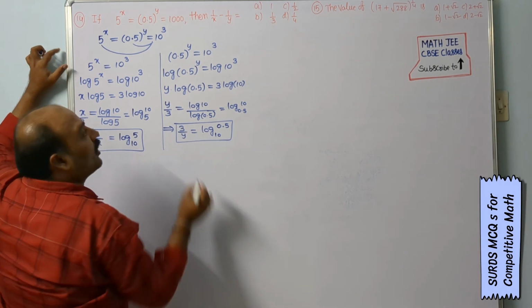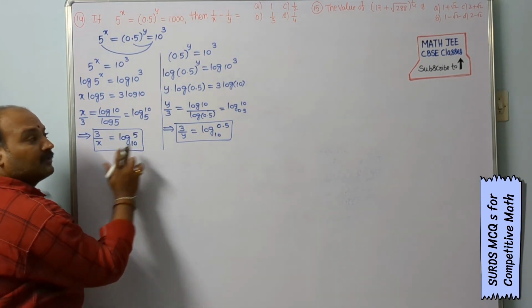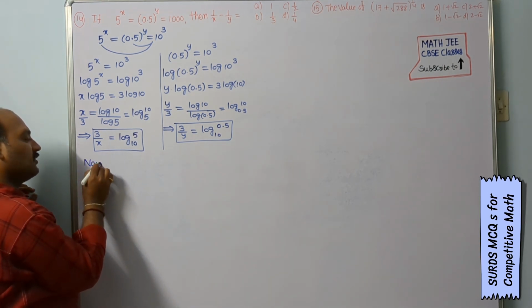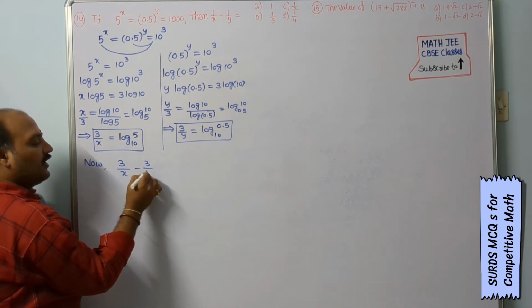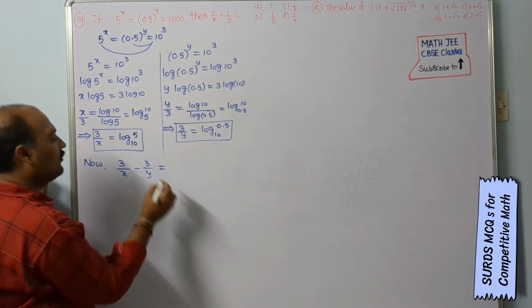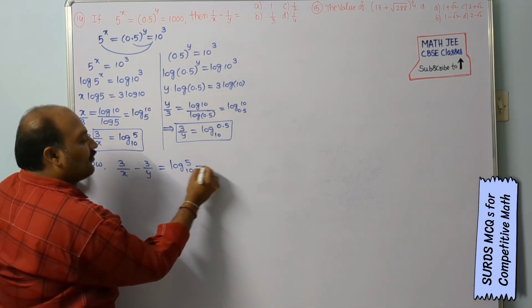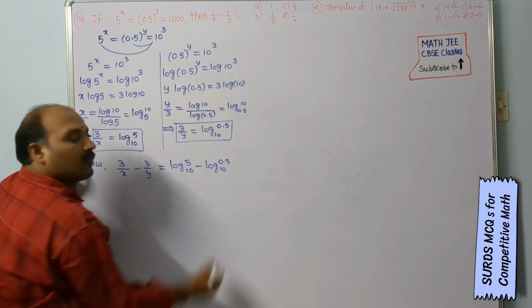They are asking to find 1 by x minus 1 by y. So I am subtracting this value and this value. 3 by x minus 3 by y is equal to log 5 to the base 10 minus log 0.5 to the base 10.